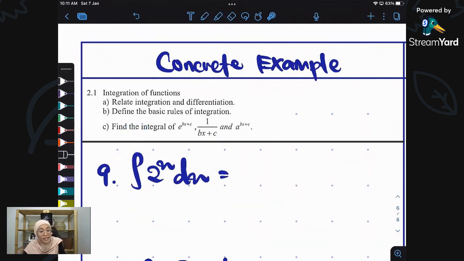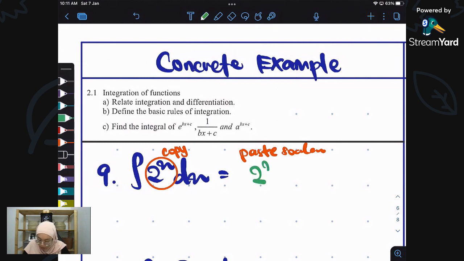So now how do we integrate it? Let me show you how first. What we need to do first is copy paste the soalan, copy paste seketul, sebiji the question there. So the answer is 2 to the power of x over, must always put over ln 2. Ln 2.